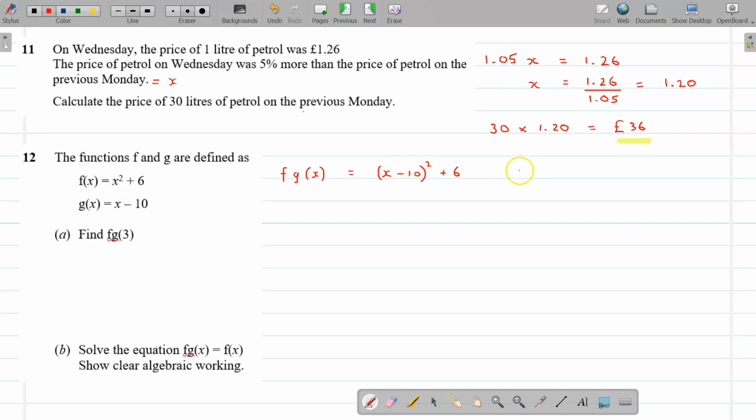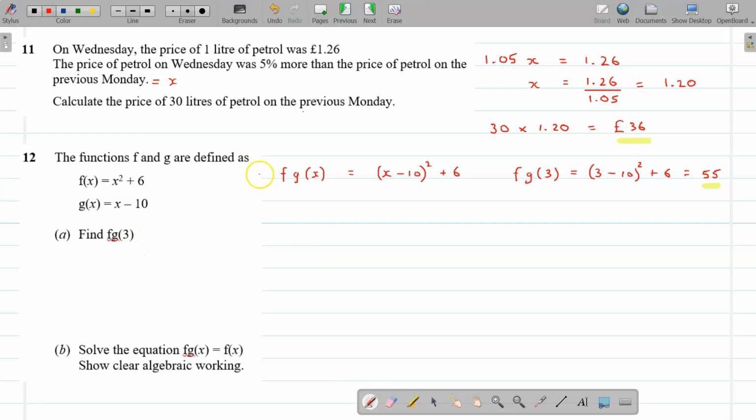So fg of 3 just means putting in the number 3 instead of x, which is going to be 3 minus 10, squared, which is minus 7 squared, which is 49, plus 6, which is 55. So that's the first part of the question, that's part A.